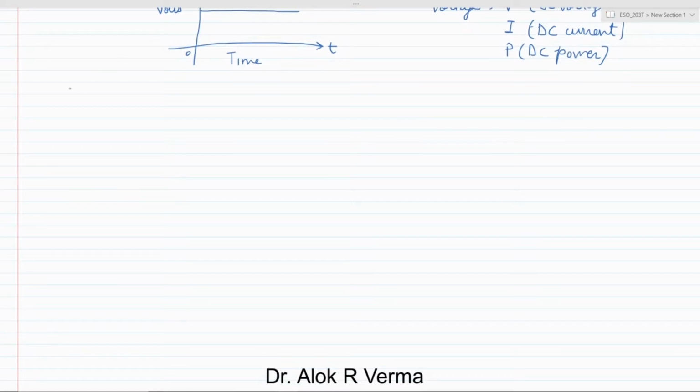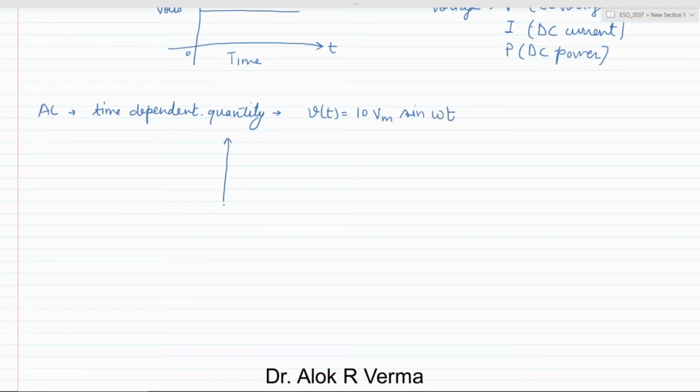If we have some other quantity which is AC, it is a time dependent quantity, right? Time dependent quantity. So it is basically, suppose this is the quantity.